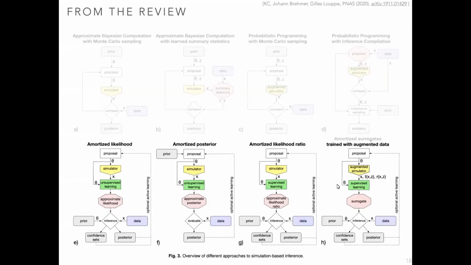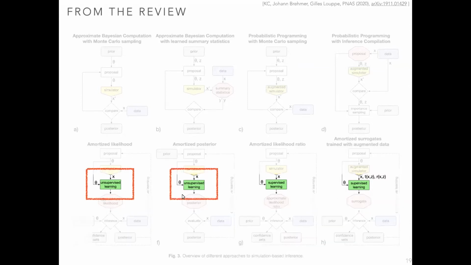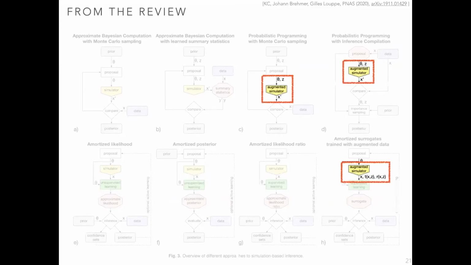The bottom row are these approaches that have some sort of surrogate involved, where you're using deep learning to approximate the simulator. Some of these techniques use unsupervised learning, some of them use supervised learning, and some of them involve an augmented simulator, where you take the domain specific simulator that you have, and you might need to add some extra capabilities to it to take advantage of these new ideas.